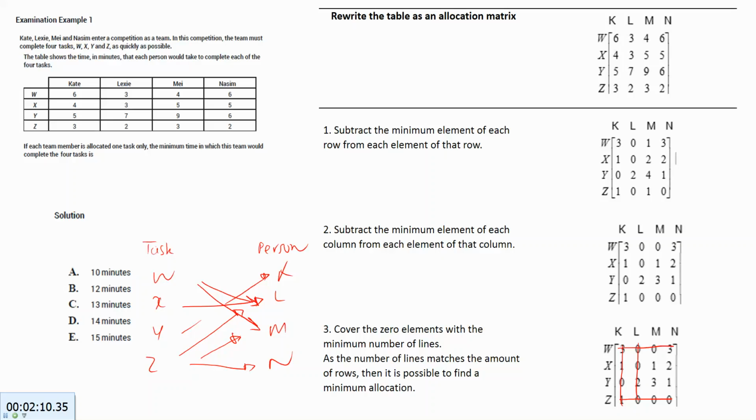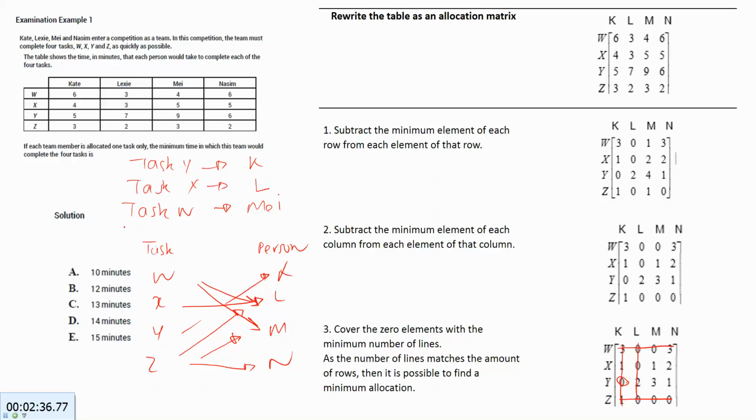Now, because of that, we just basically sort out the ones that can only be allocated a specific task. So, task Y must be done by K. So let's write that out. Task Y must be done by K. Task X must be done by Lexi. Task W, because of that, must be done by May.